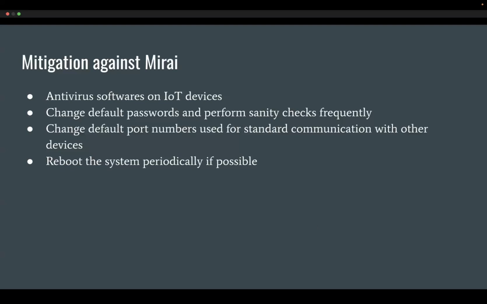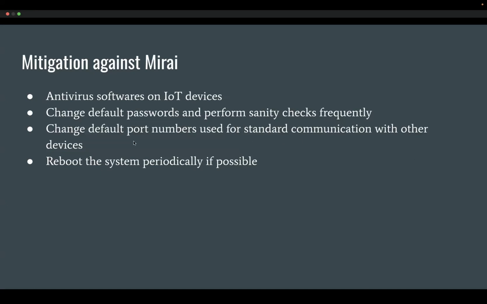Now we have seen why Mirai is detrimental and how it can be detected, but what is the mitigation against it? It can be something as simple as always having antivirus software on IoT devices. It can be as simple as changing default passwords and performing sanity checks frequently.